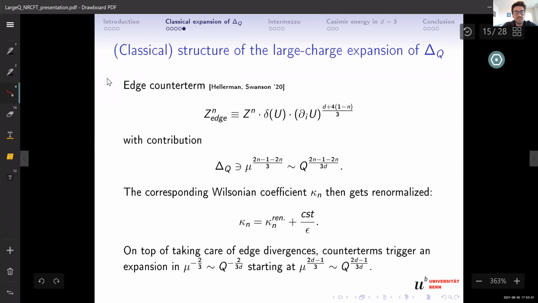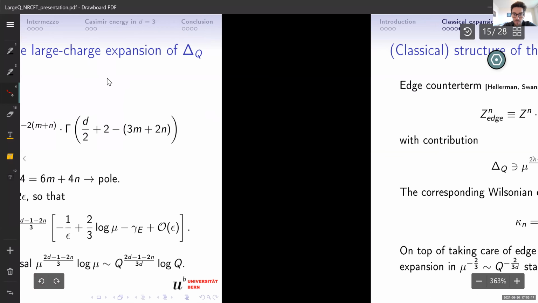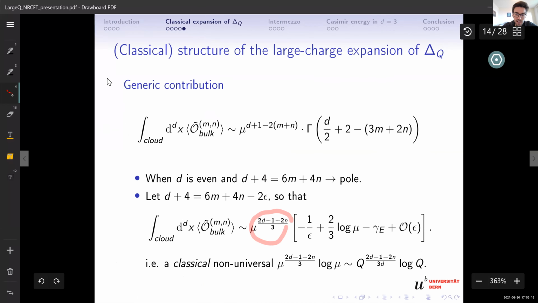So once you build such a counterterm at the edge of the cloud, you can evaluate how it contributes to the conformal dimension. And it contributes exactly as you need it, in the following way. And if you remember well, this is exactly what we had before with the pole.